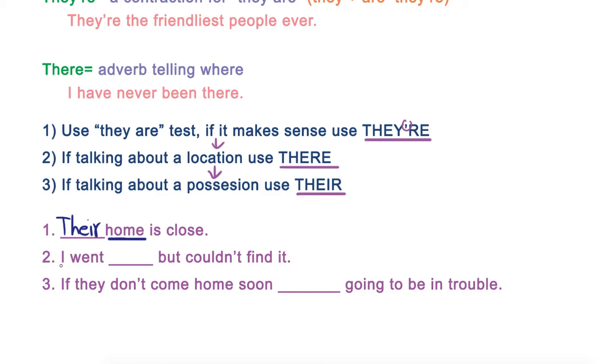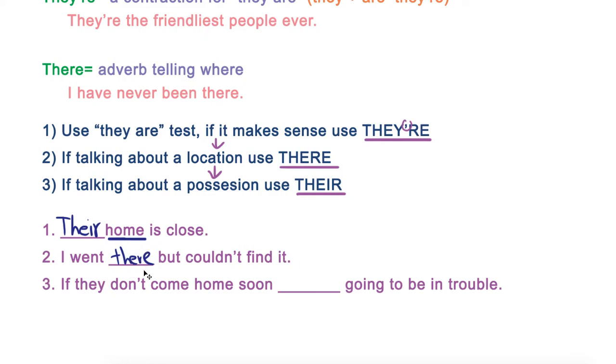Next one. Number two. I went blank but couldn't find it. So let's use the they are test. I went they are but couldn't find it. Nope. So definitely not this form of there. Let's do the second one. It's talking about location. I went there, but couldn't find it.